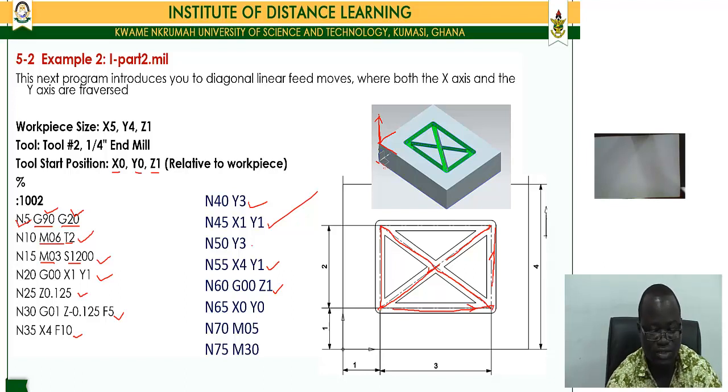Then we go to X3, we go to X1 Y1, then we come to Y3, that position, and then we come to X4 Y1, which is that, and then we rapid it out.